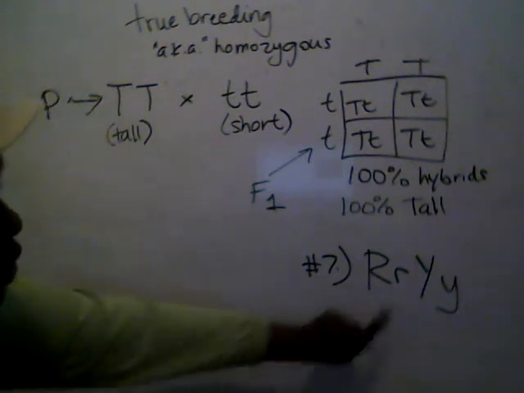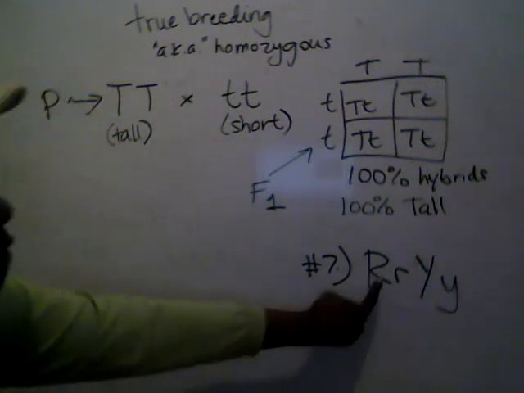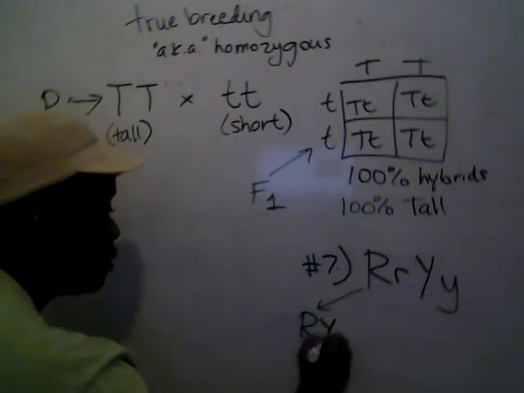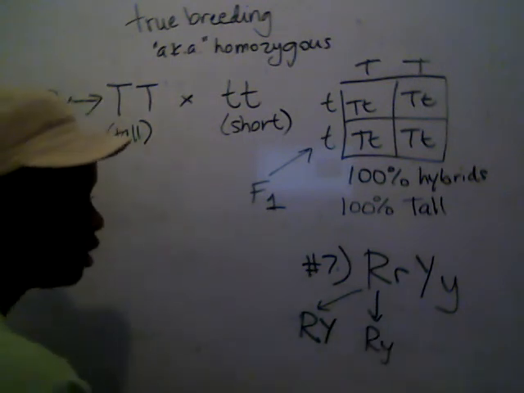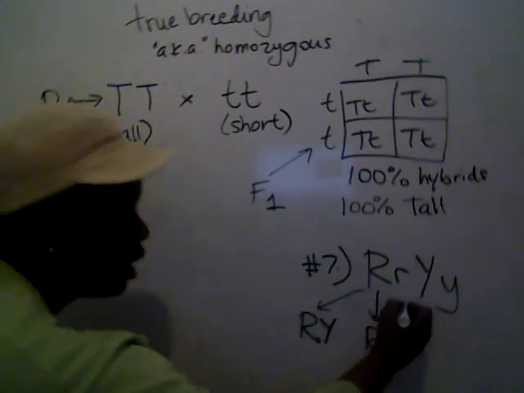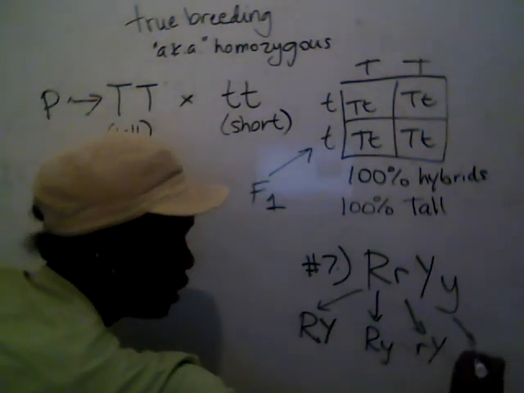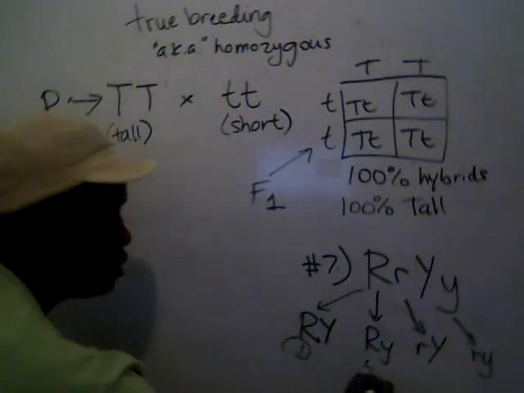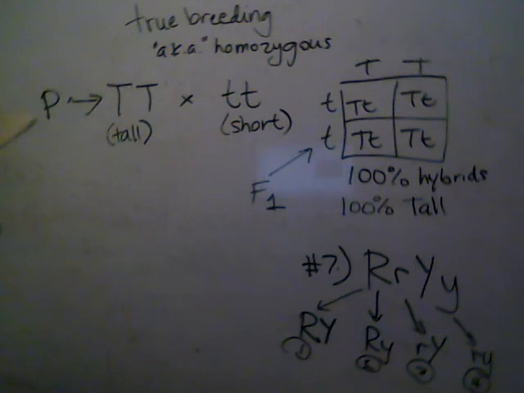So we want to figure out the different ways that these letters can separate, keeping in mind that each parent can only give one of each letter. So this parent could give a big R, a big Y. It could give a big R, a little y, because it has to give one of each letter. It could give a little r and a big Y, or it could give a little r and a little y. So there are technically 1, 2, 3, 4 different possible gametes that this parent could pass on.